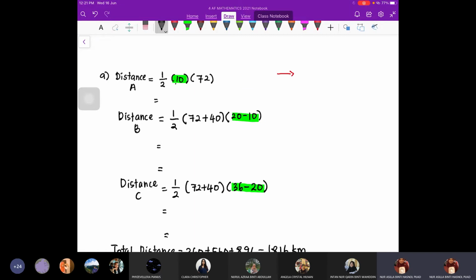So all the time must be divided by 60. Sebab dia adalah in minute, so you have to change into hours. Okay. Why? It's because 72 and 40 ni we are using kilometer per hour. Hours. So change the minutes into hours.